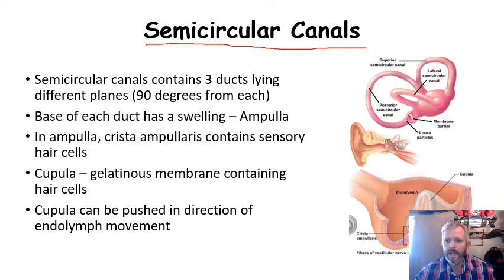Where these are going to be housed are in these little swellings here, these ampulla. Okay, the crista ampullaris is where the sensory hair cells are going to lie. Again, it's going to be bending. This movement is going to cause the fluid to move. We don't have the otolithic membrane, but we have these little cupulas and this endolymph fluid, and the fluid movement is going to cause the bending of these cells.